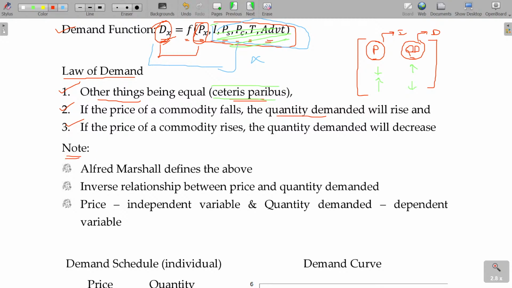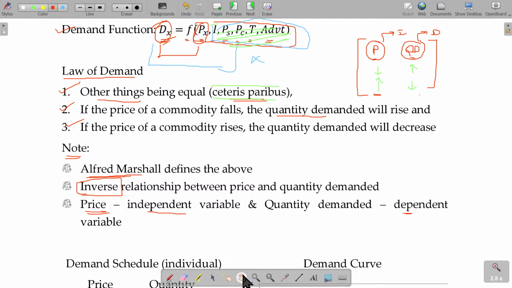Note, this was defined by Alfred Marshall. This definition of the law of demand is as per the view of Alfred Marshall, and the relationship between price and quantity demanded is inverse or indirect proportion. Between these two, price is the independent variable and quantity demanded is the dependent variable. So you have to keep that in mind.